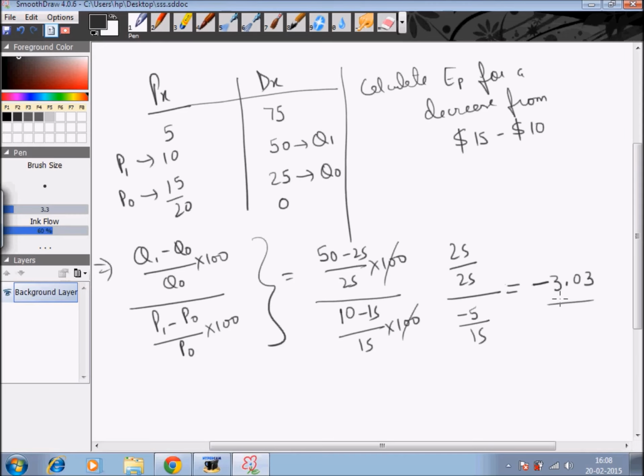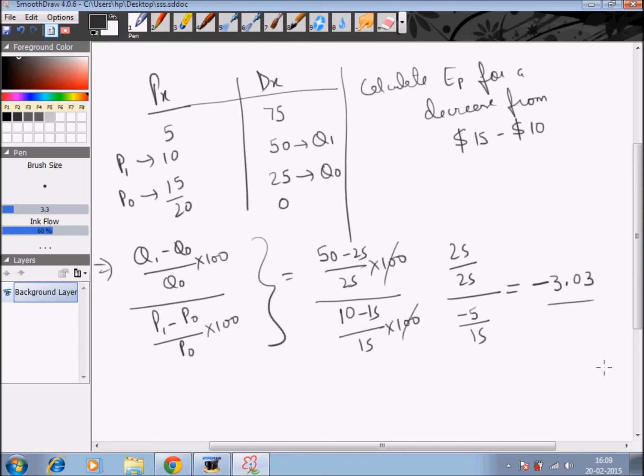But for a decrease in price the demand has changed by 3%. So it's not the same for the increase and decrease both. It changes. So in this particular case, the producer can go for decreasing the price because he will again increase the market share as well as his revenue altogether.